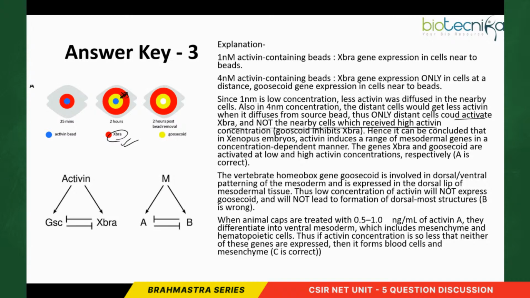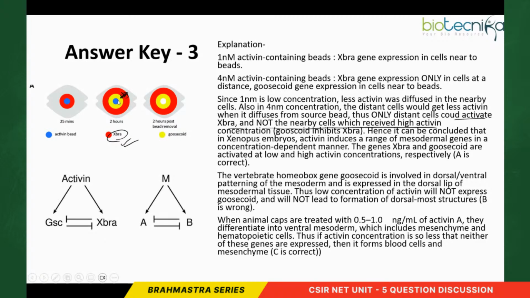Okay. So why this happens is because the nearby cells received high activin concentration, and activin activates goosecoid, and goosecoid inhibits XBRA. So wherever activin is there, that is in the nearby yellow color region, you will see that goosecoid is present because activin is high over there.